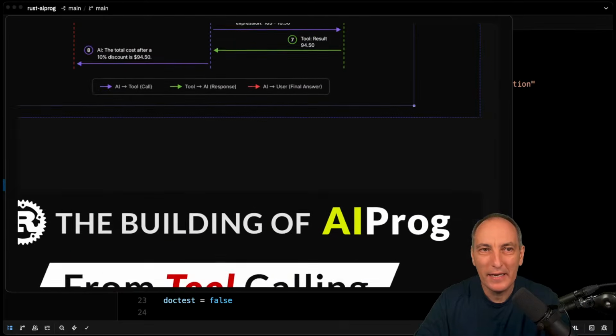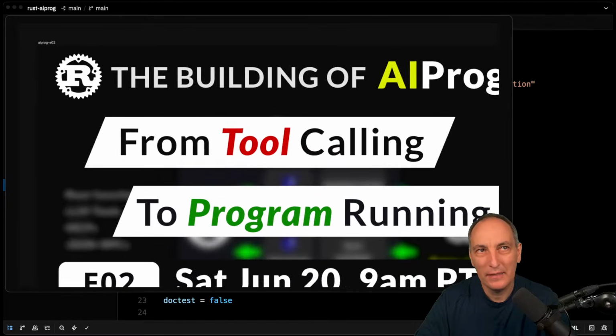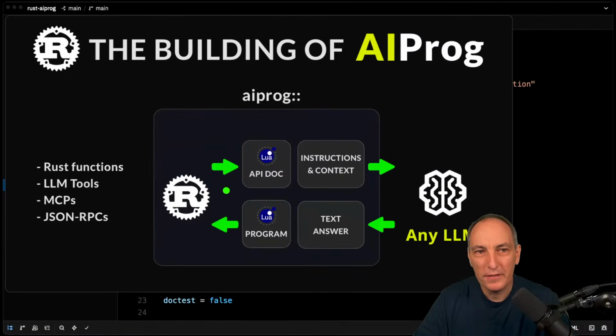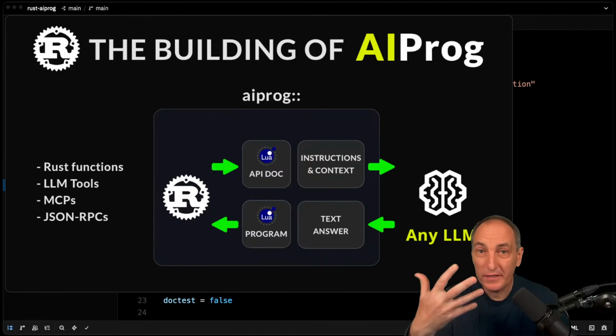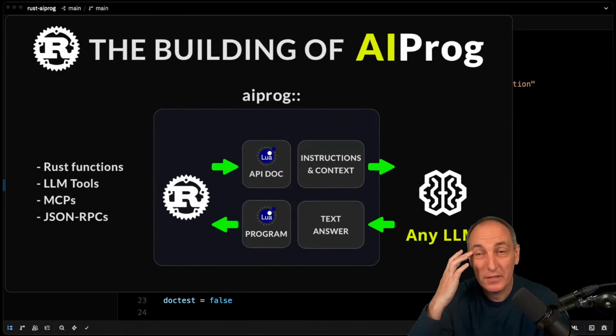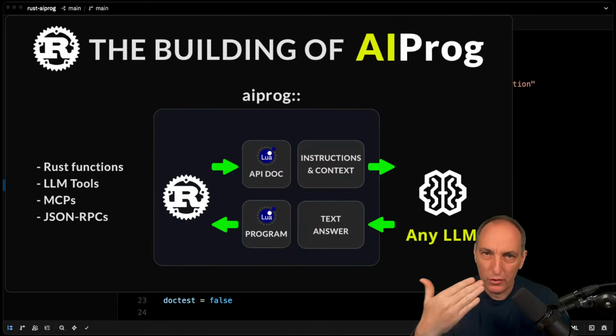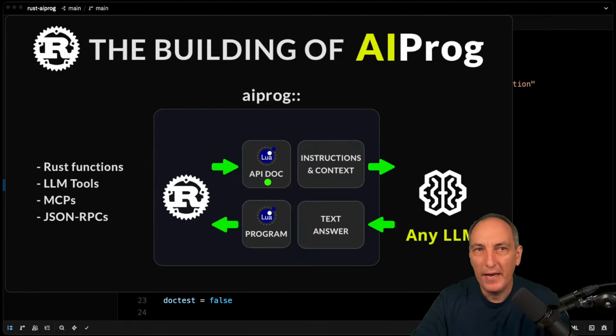So the idea is, rather than saying, hey, here are all the tools, and then ping-ponging until all the work is done, we say, hey, here are all of the APIs that you have. It's a kind of dynamic API, or a set of APIs. Write a program in Lua. You know how to write Lua.